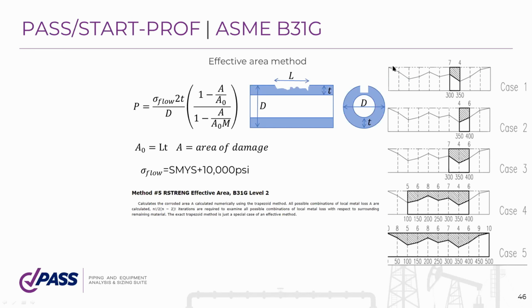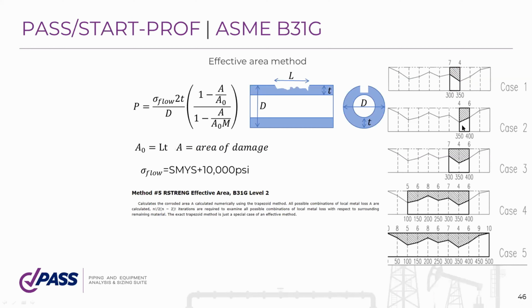For example, we input the following values in software, and START-PROF will check, for example, the first case is this. Let me show. This area is the defect area. START-PROF will substitute it here, and this area is the full area without defect.